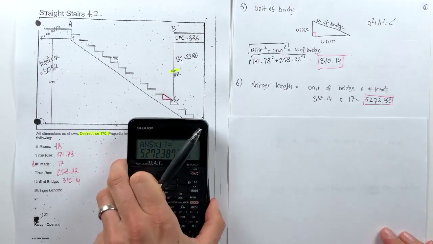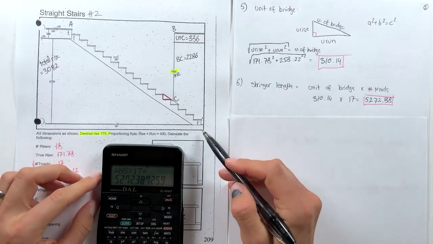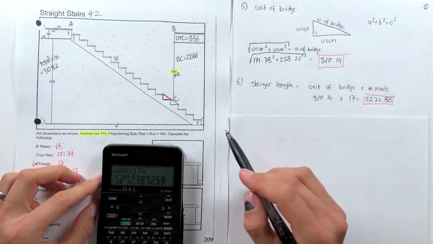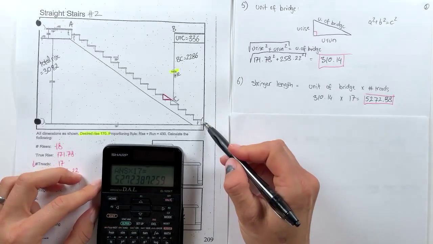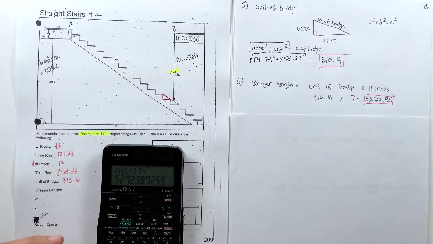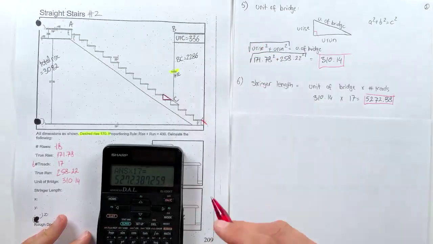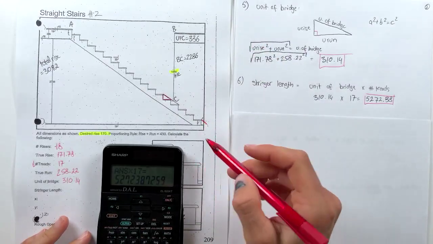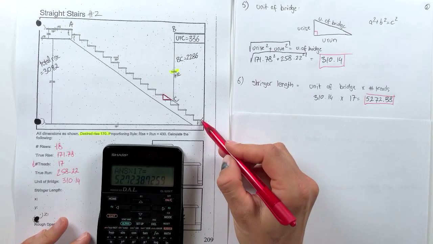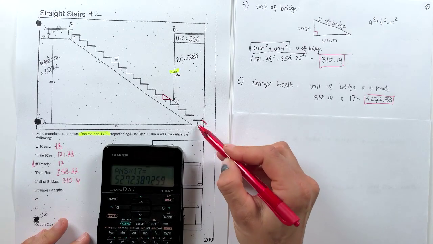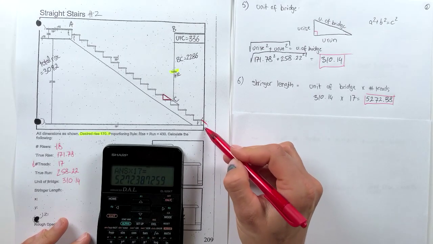I would argue that your stringer length should be your unit of bridge times the number of risers, because it would include this last space here, because when we make these cuts, we always lose some space here from our stringer.